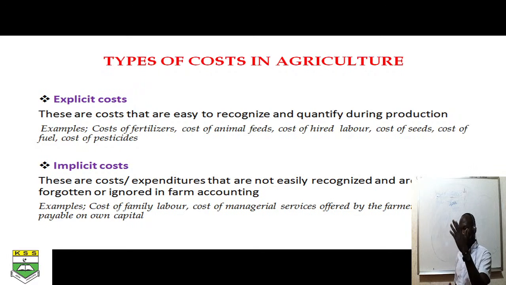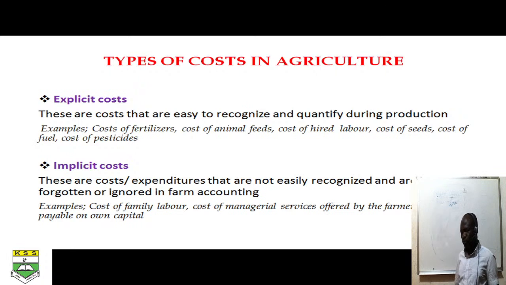So, one, explicit costs are costs that are easily recognized and we can easily quantify them. We can't forget them. Cost of fertilizer, cost of animal feeds, cost of hired labor, cost of seeds, cost of fuel, etc. There's no way you can spend on those items and forget that you spent on them.